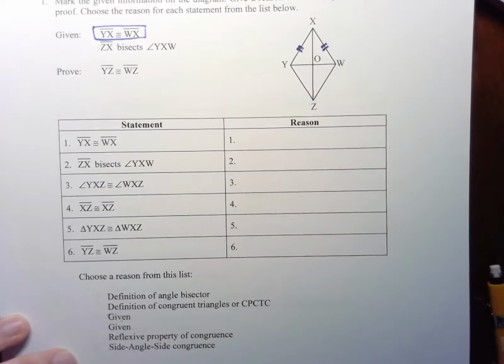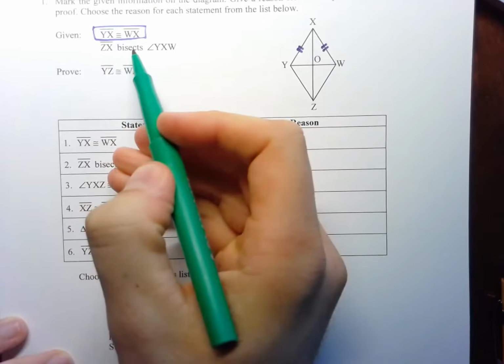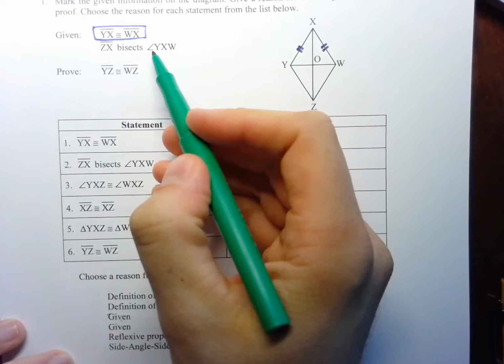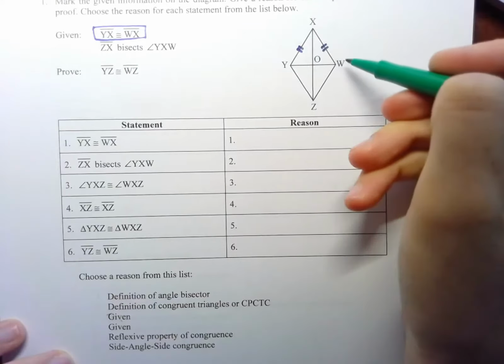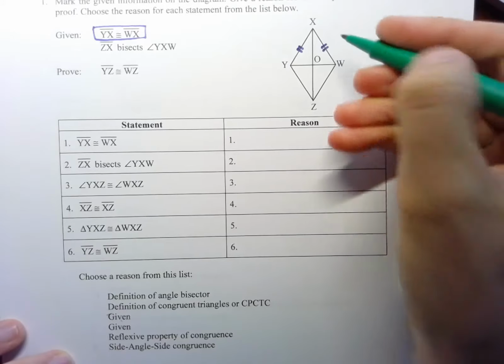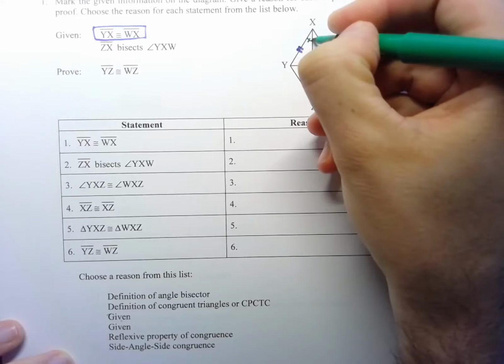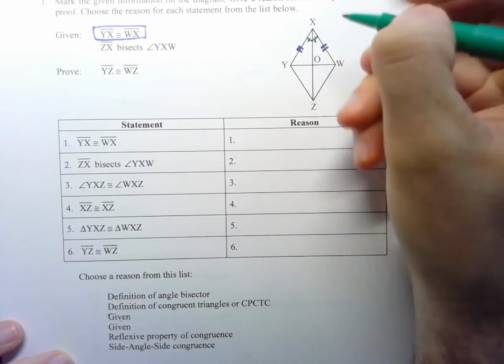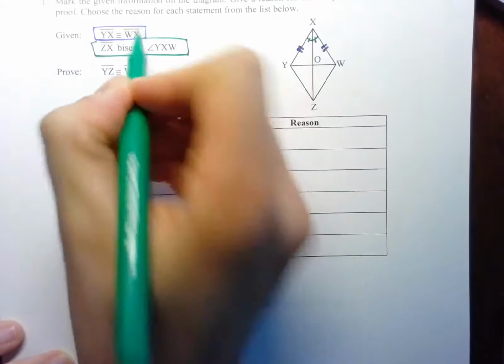And we're also told that line segment ZX bisects angle YXW. So what that effectively means is that that is congruent to that, but notice that it's just telling us that it bisects it, and this is what I've marked in green right here.